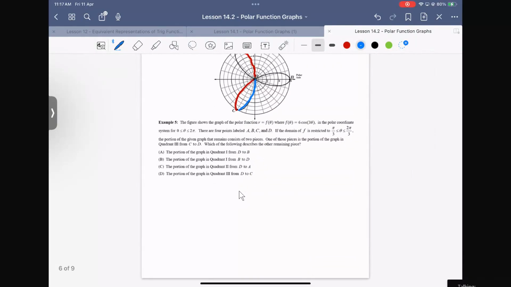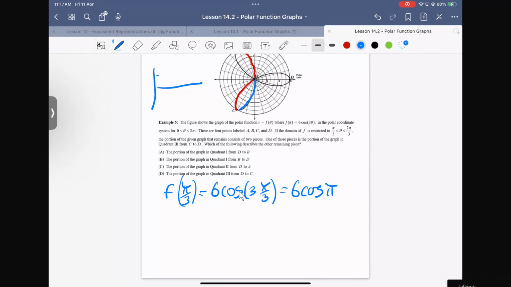We want f of pi over 3, which is going to be 6 cosine 3 times pi over 3, which is going to be 6 cosine pi. Little sketch again.